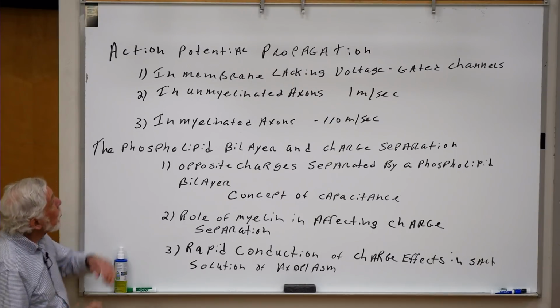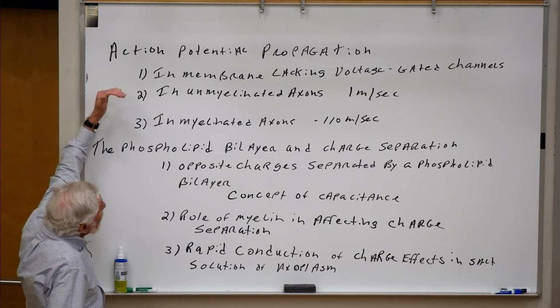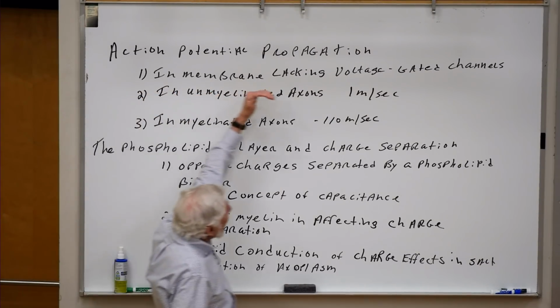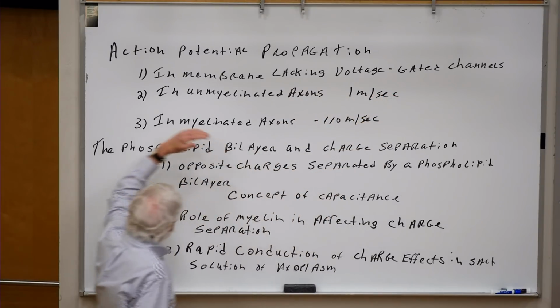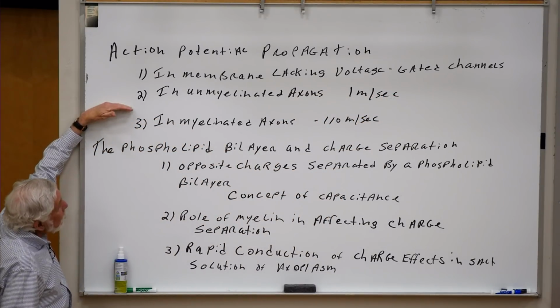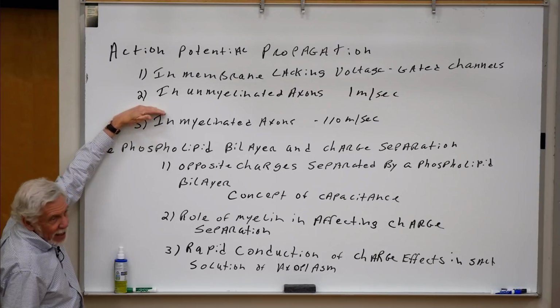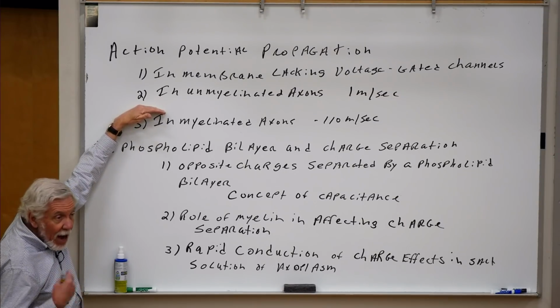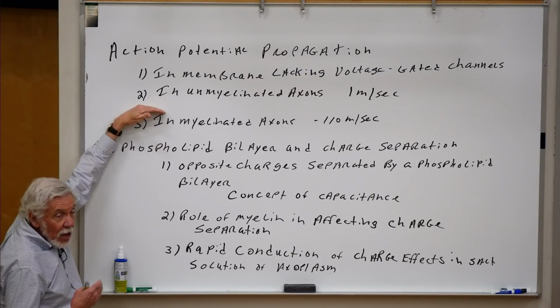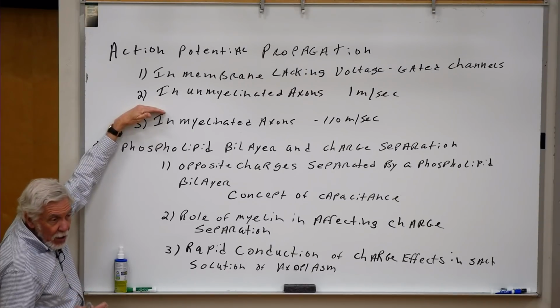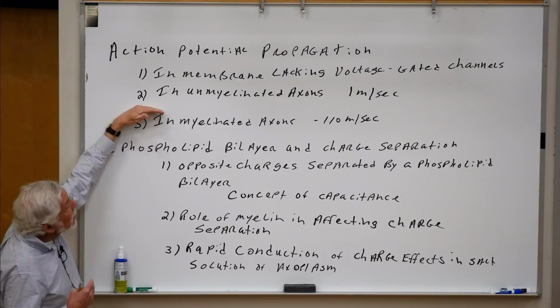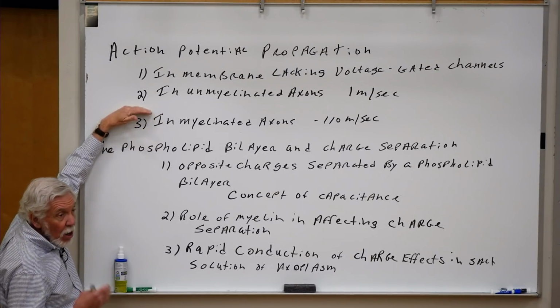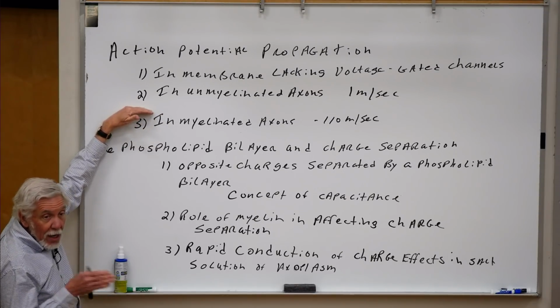Then we'll move on, once we've talked about propagating potentials in membranes that lack voltage-gated channels. Then we're going to talk about propagating an action potential in unmyelinated axons. These are neurons that have their axons, or conductile regions, not wrapped in myelin, so they're unmyelinated. And we'll see in these neurons, all of the voltage-gated channels are lined up side by side.